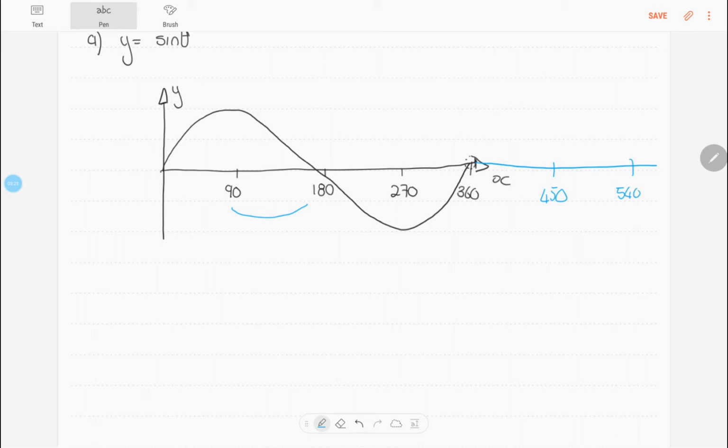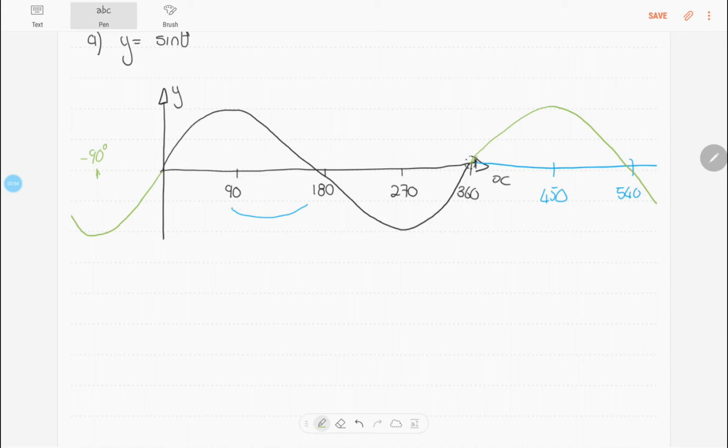So a sine, cos, even our tan graphs, they never stop, they carry on, they keep repeating themselves over and over again. We just carry on this graph. So you see it's going to go up again, same as how we did to 90, except now it's at 450, right? Then it's going to go down again, and it's going to carry on. If we extended it the other way, it would carry on doing the same thing, except now it will be at minus 90 degrees, minus 180, carry on forever.